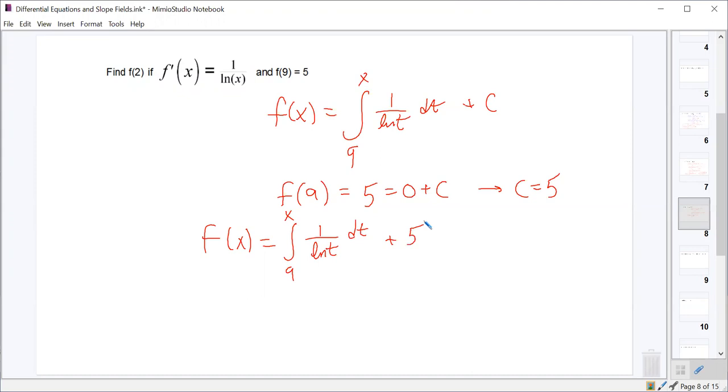Good or no? Good. Wait, does it matter which one you set as your upper and lower limit? How do you know if 9 is your lower limit or your upper limit? Normally we put it as our lower limit, because when we take the derivative of this, we need to get 1 over ln x.